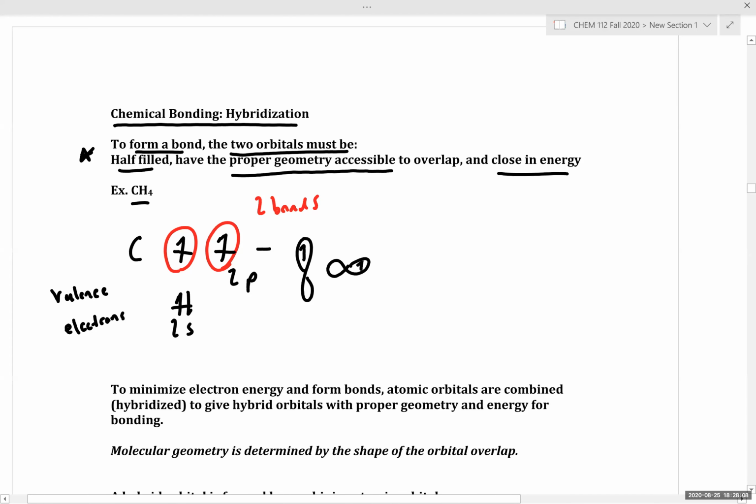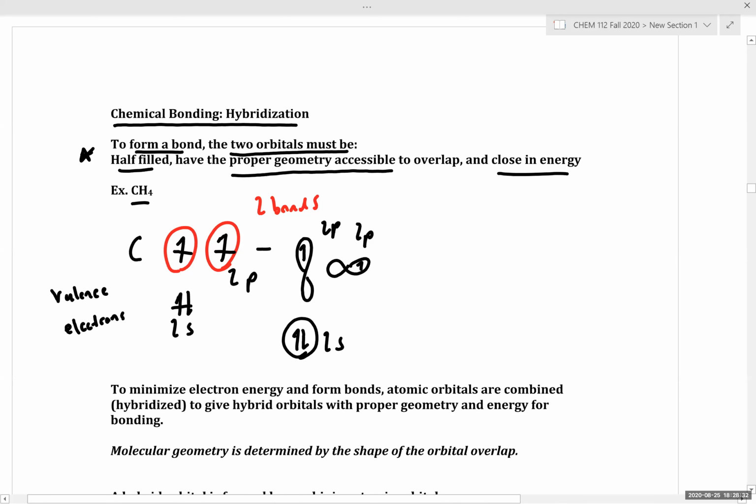Now, we obviously know that carbon can form more than 2 bonds. However, under our current electron configuration, our electrons are either distributed into full orbitals, or our electrons are in an orbital that is not geometrically set up for bonding.